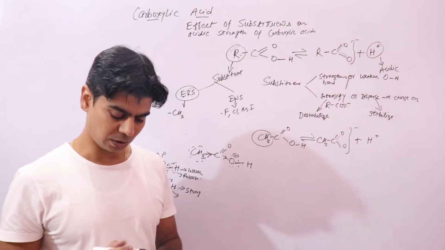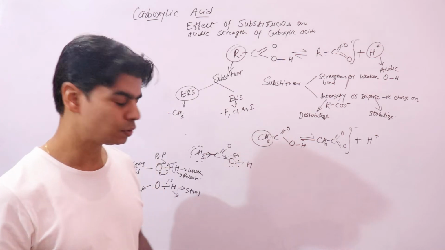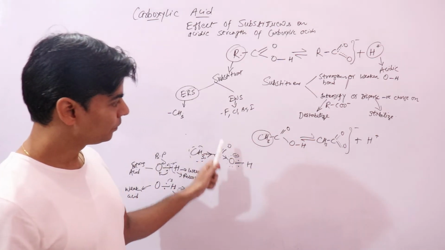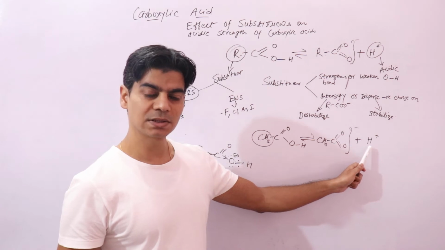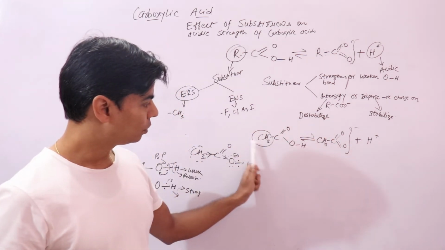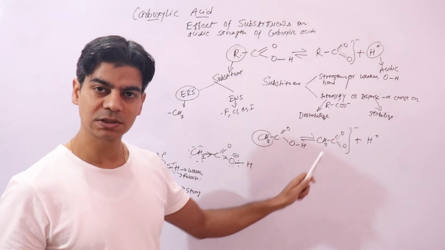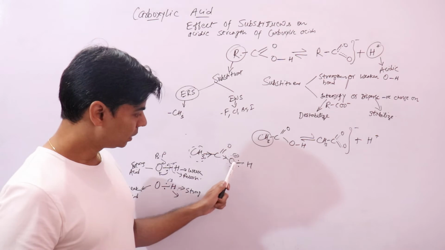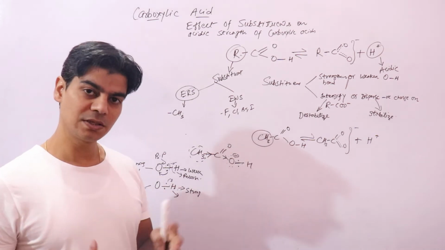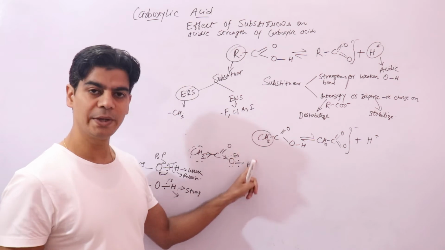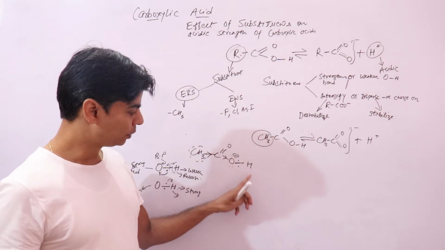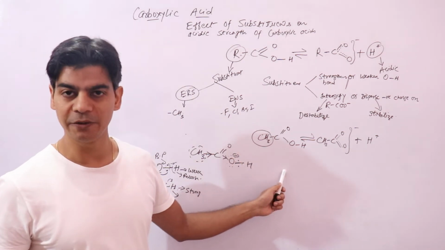Earlier in our previous junior classes we used to say this is a weaker acid because the acetate ions and hydrogen ions combine back to give you acetic acid. We'll understand how that happens also. Now we understand one thing, that this is a weaker acid. Why? Because this methyl group will make the OH bond a stronger bond, due to which release of this hydrogen ion will become difficult.